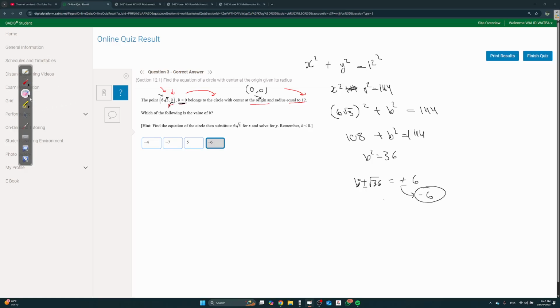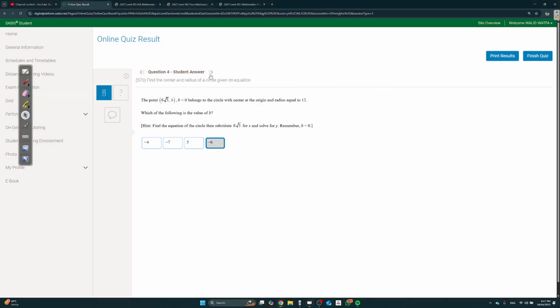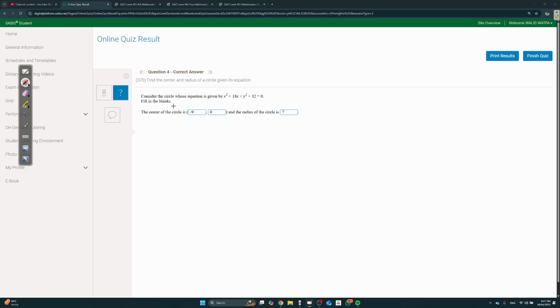Question 4. Consider the circle whose equation is given by this. Where is the center? So this is not canonical form, right? This is in standard form, right? It's expanded out. So what do we do if we want to find the center? The center, remember, we just divide a and b by negative 2, right?